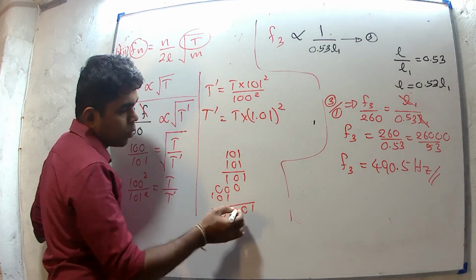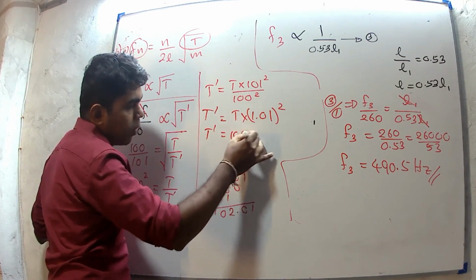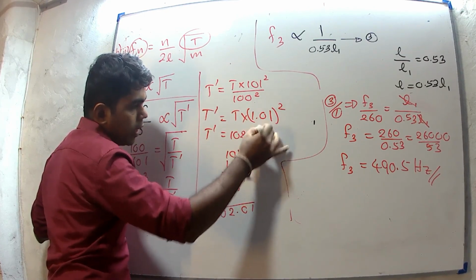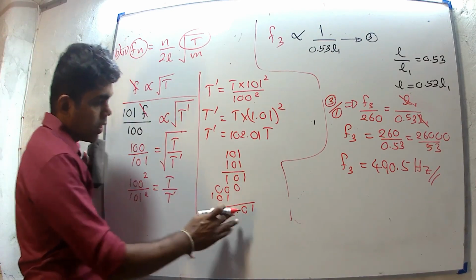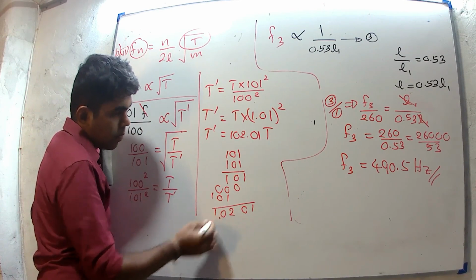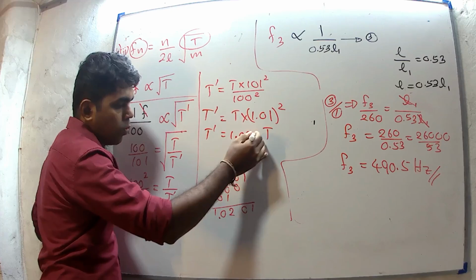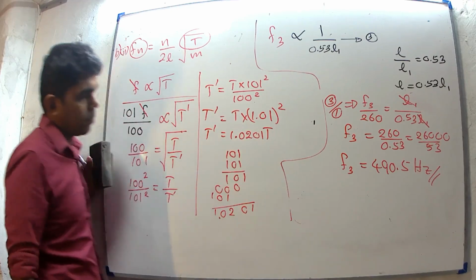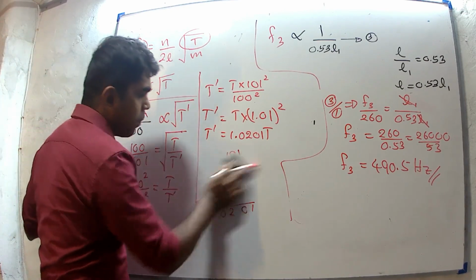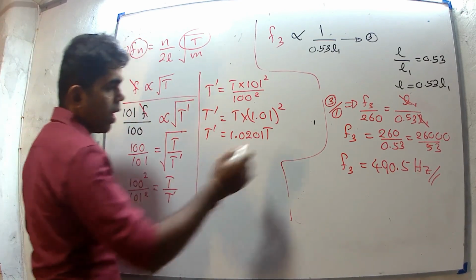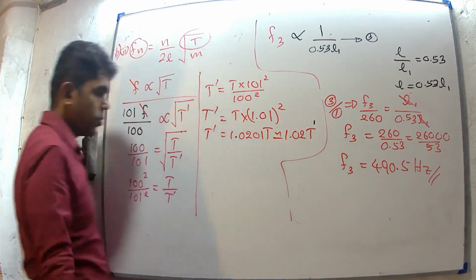We have to separate two decimal places. T dash equals 102.01 T. Sorry, we have to separate four decimal places. It is 1.0201 T. I will get it as approximately 1.02 T.